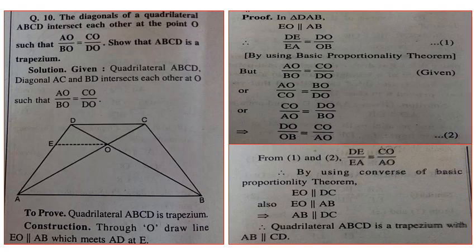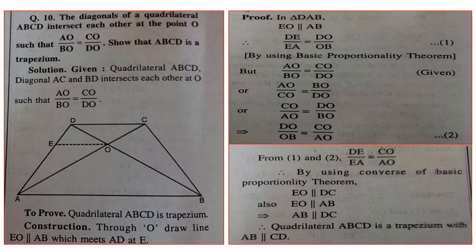Construction. Through the point O, draw the line EO parallel to AB, which meets AD at E. Now in triangle DAB, EO parallel to AB, therefore by BPT, DE by AE is equal to DO by OB, that is equation number 1.